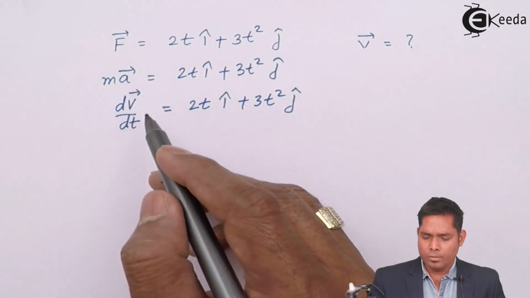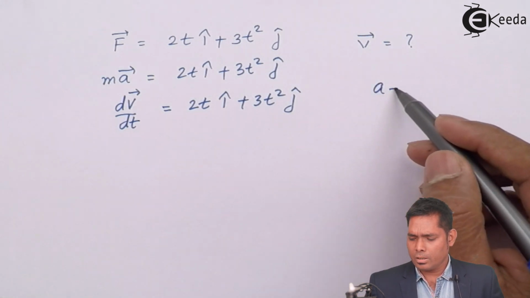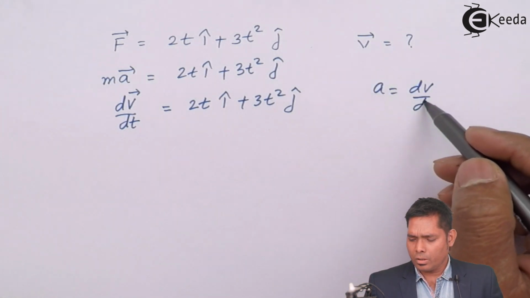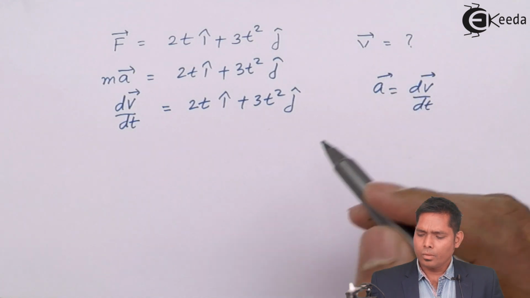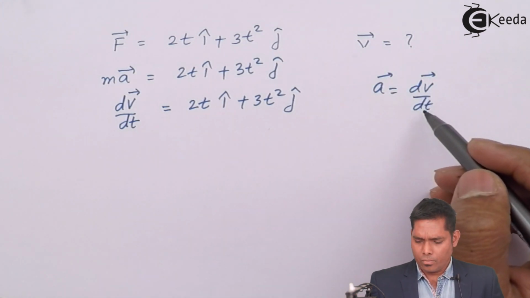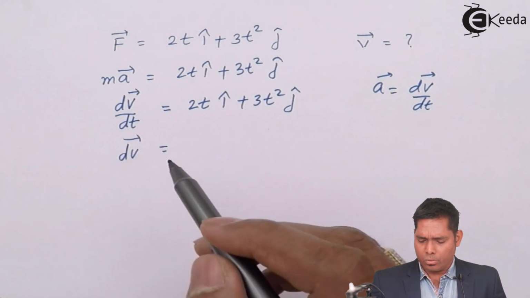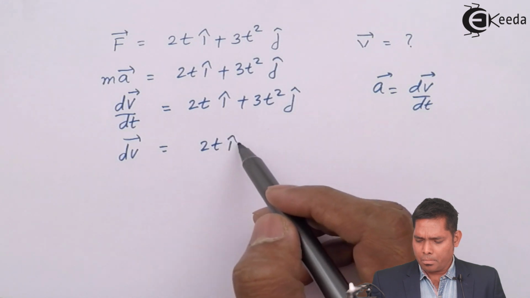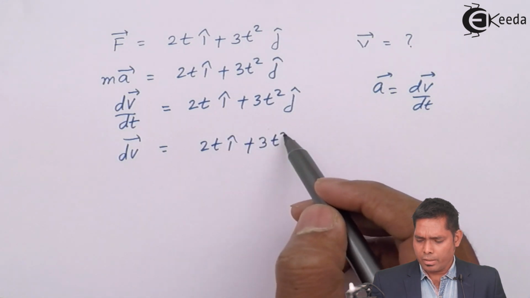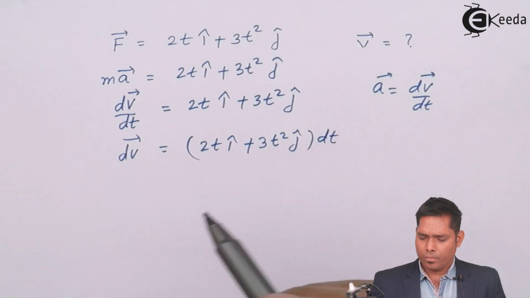This is your acceleration, the rate of change of velocity, because a is dv over dt, the change in velocity over the time taken for the change. So from here I write dv vector equals 2t i cap plus 3t square j cap into dt.